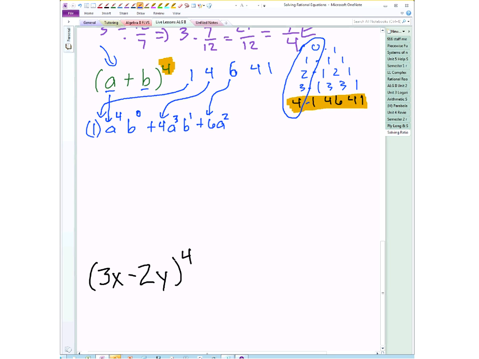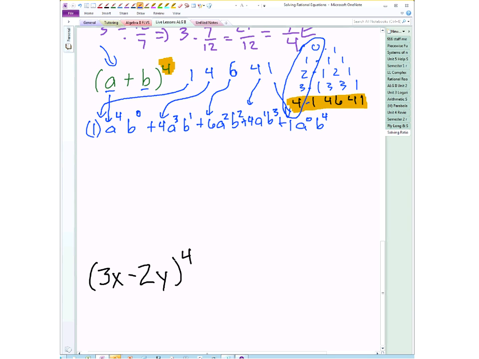So now instead of A cubed, it's A squared, B squared. Like I said, the A exponent is just decreasing by 1, while the B exponent is increasing by 1. All right, so next I'm going to use my 4 here. Oh, I forgot my plus sign. And now I'm going to have A to the 1, B to the 3, and then our last coefficient of 1 over here. And this is going to be A to the 0, B to the 4.